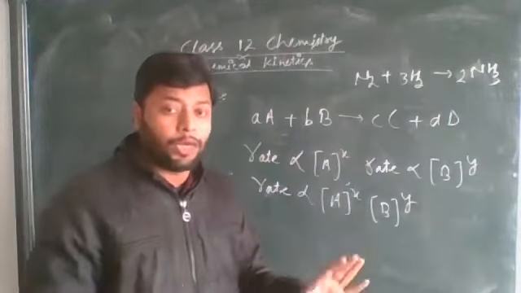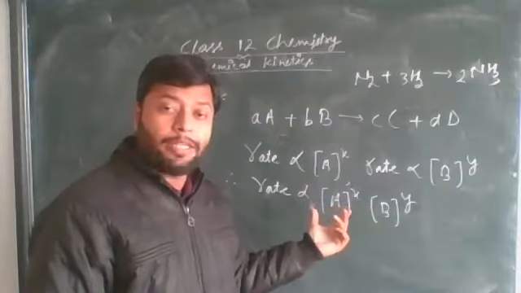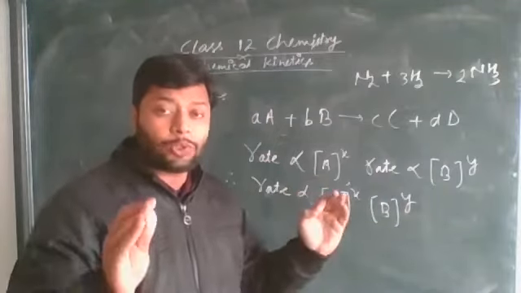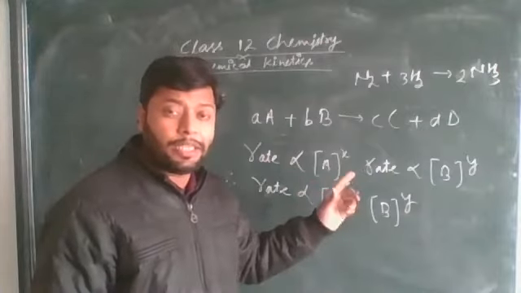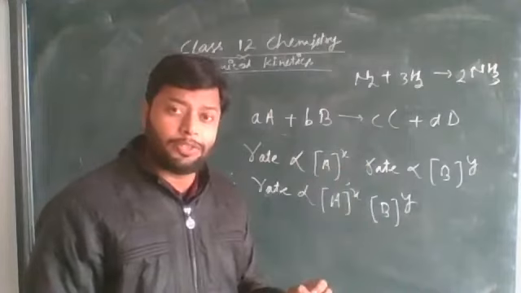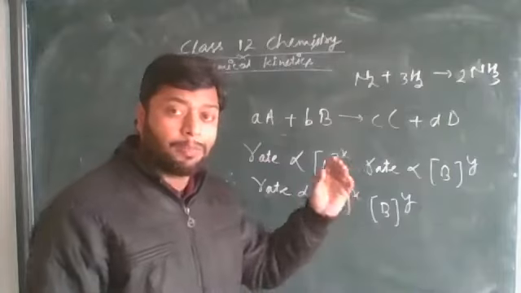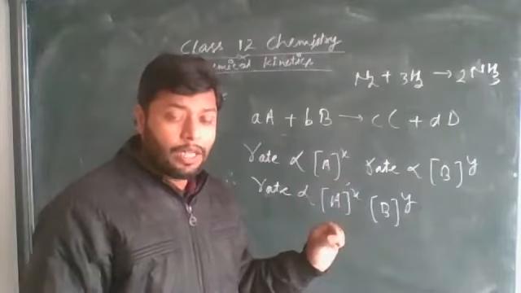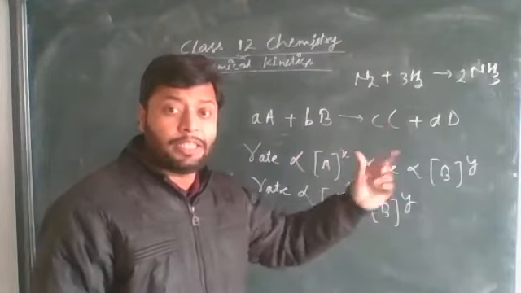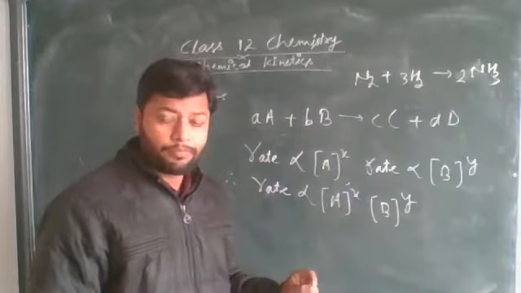It is not confirmed, but it can be determined only by a practical experimental approach. By just theoretical knowledge, we cannot determine to which extent A and B will really combine during a chemical process. We can only explain with the help of experimental data how A and B combine together to give C and D, and to which extent, that is given here as x and y.